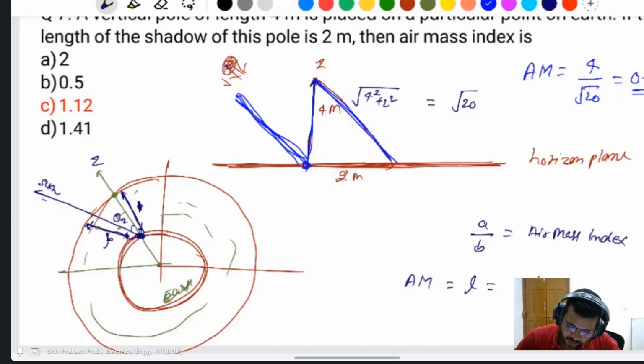Sorry, you can calculate the angle of this one also. By the angle you can calculate cos of theta z. This will be theta z. Let's calculate this angle.